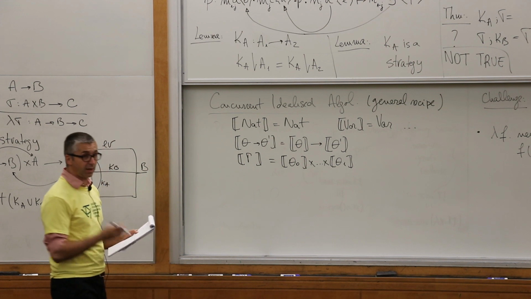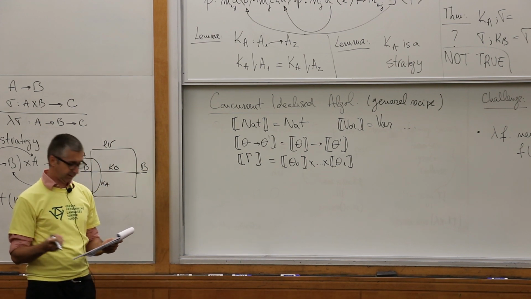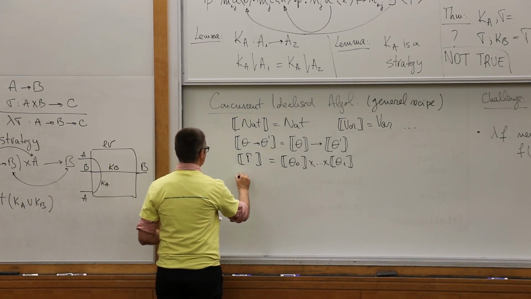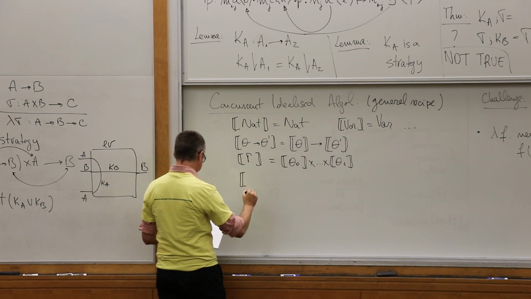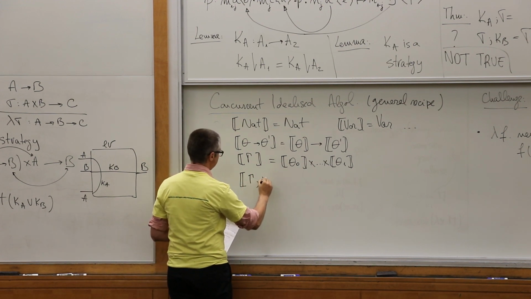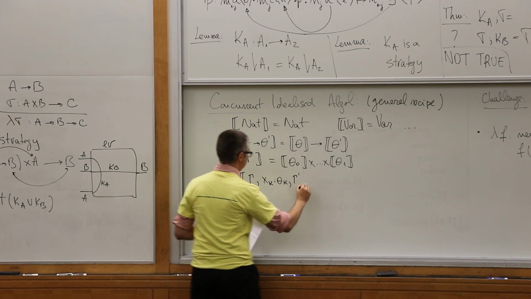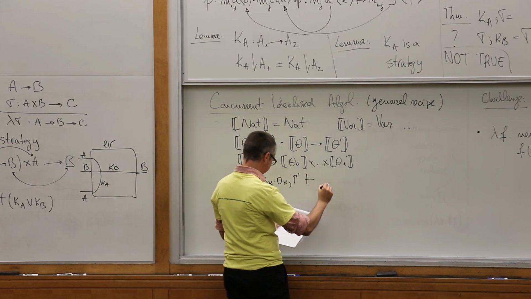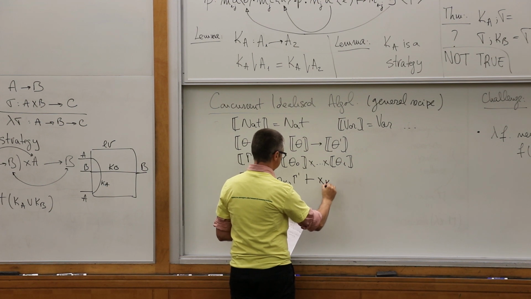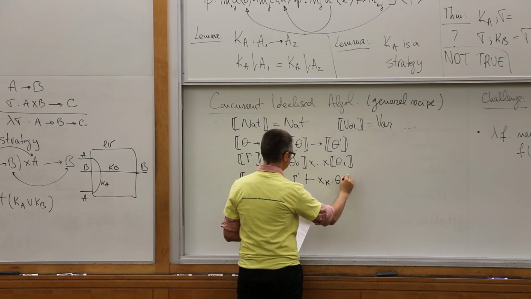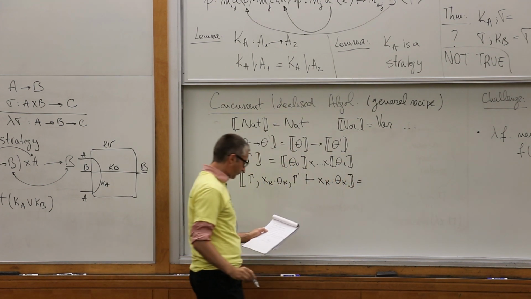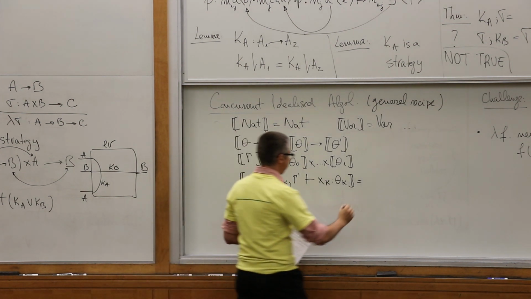Okay? And we are going to interpret judgments, type judgments. So the first one is the identity. Well, this would be the kth projection.